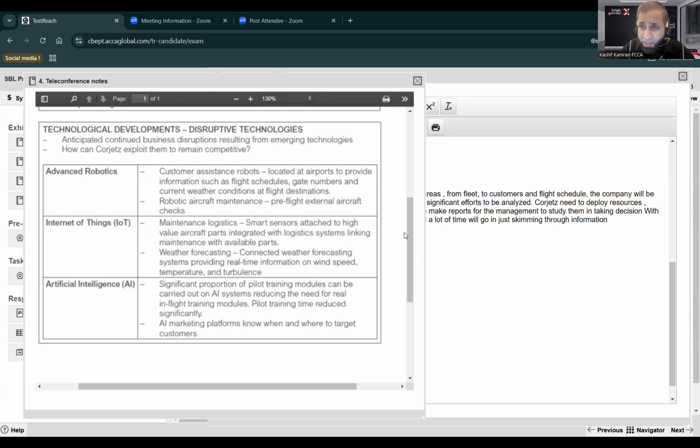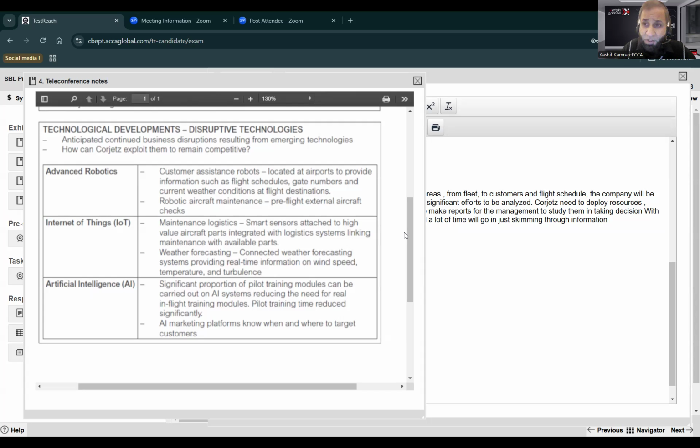And artificial intelligence. A significant proportion of pilot training can be carried out on AI, reducing the need for real in-flight training modules. So you can use artificial intelligence more to train the pilots rather than training them on the old methods, like the in-flight training modules.